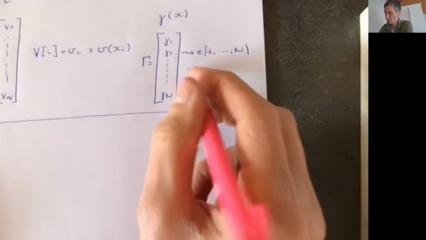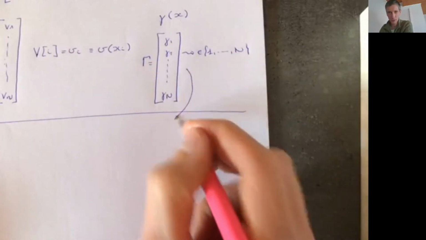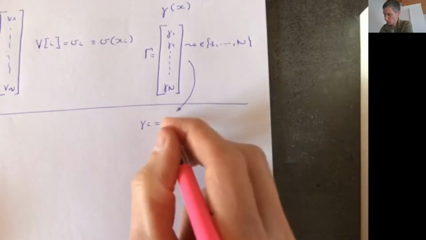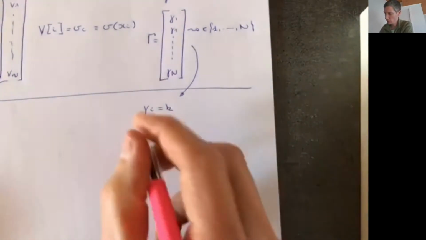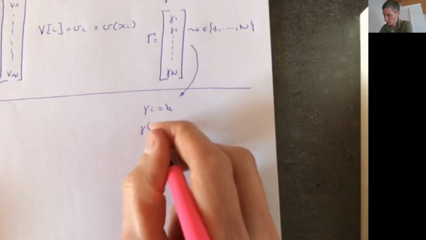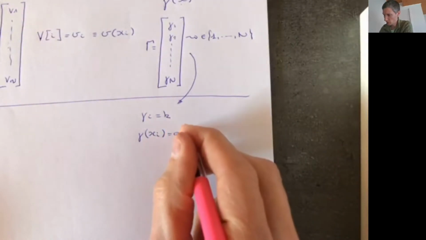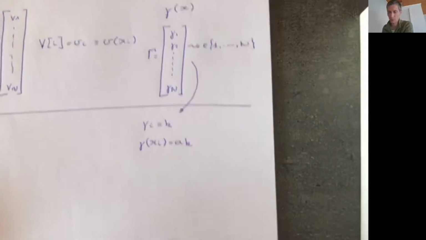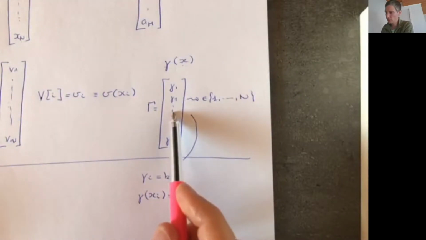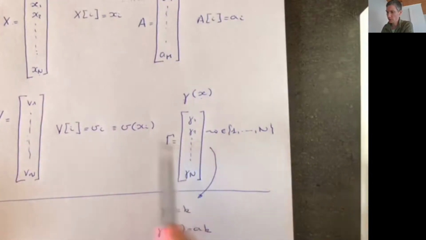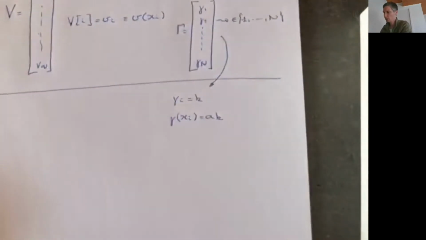So what's the idea here? The idea is that if gamma i is equal to, let's say, k, then gamma, if the state is xi, will tell you to take action ak. So it captures the index of the action that's optimal for the state.